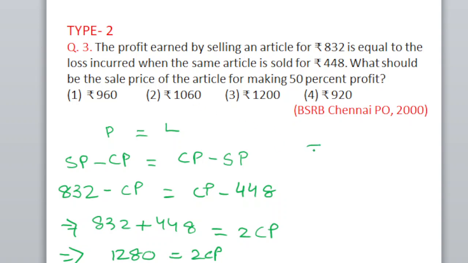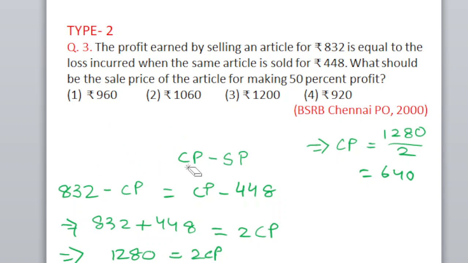Now this implies CP is equal to 1280 by 2. So that is equal to 640. Now here we have to find out the selling price when there is a 50% profit.